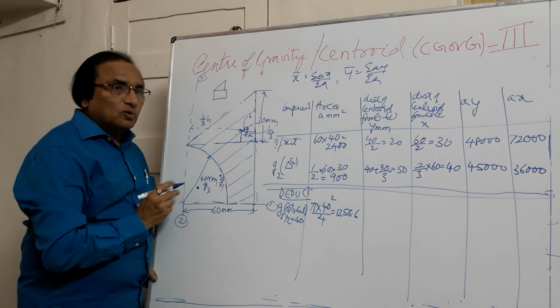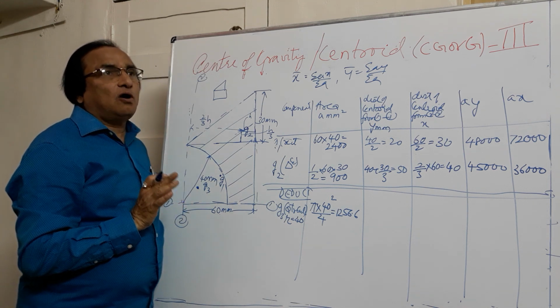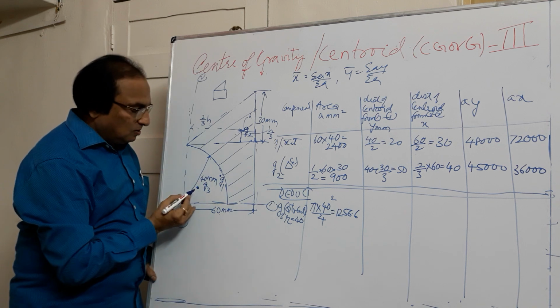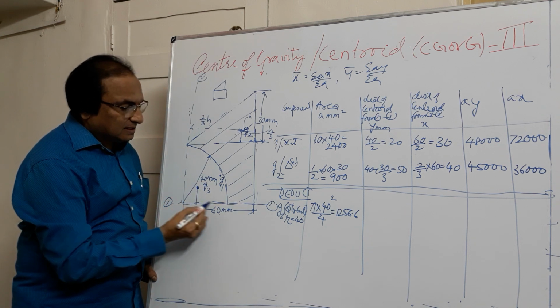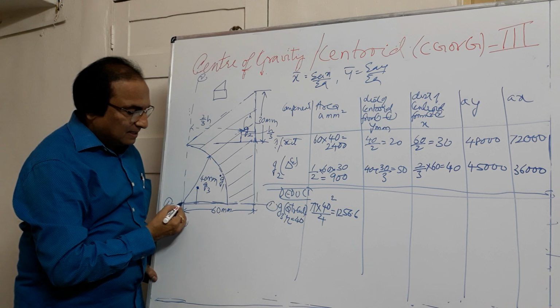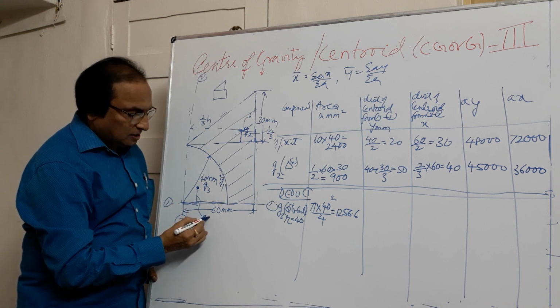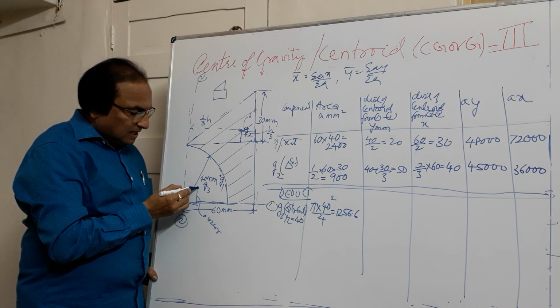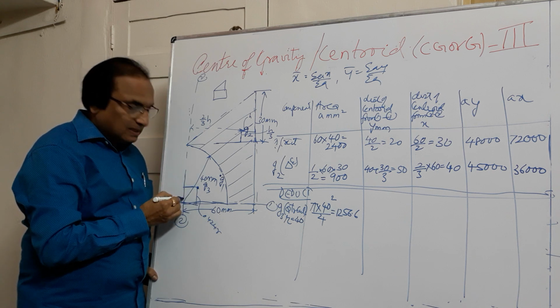Now we know the distance of the centroid of a quarter circle from the diameter is 0.424 r. Now this is the centroid. I need this distance, and this 1-1 and diameter are coinciding. So this distance will be 0.424 r. Similarly, the distance of the centroid from 2-2, it is again from the diameter only.